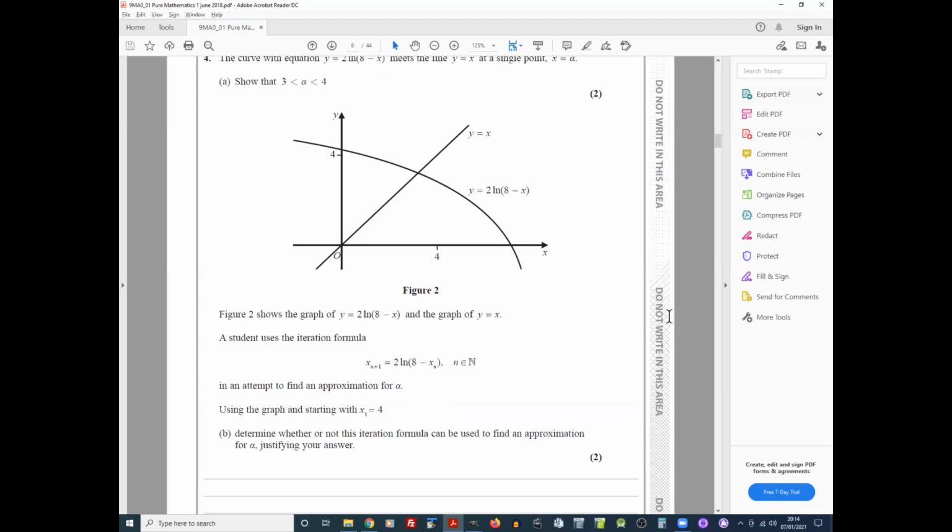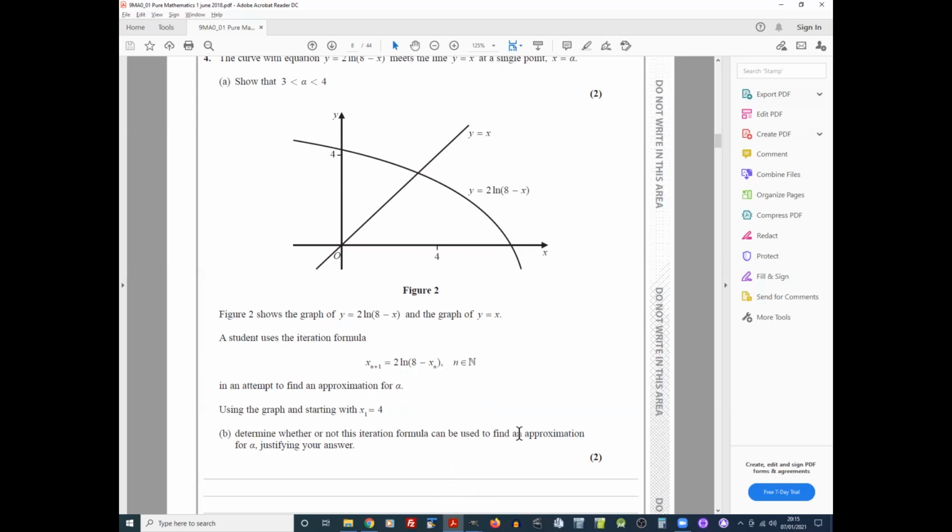So all you have to do is what you did in GCSE: put 4 and then press equals. Then say 2 log of 8 minus answer.